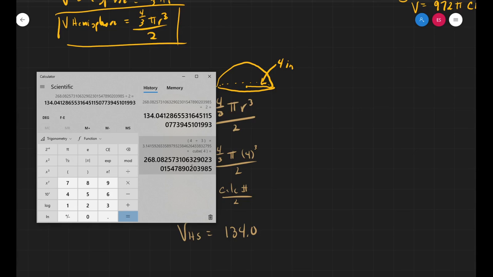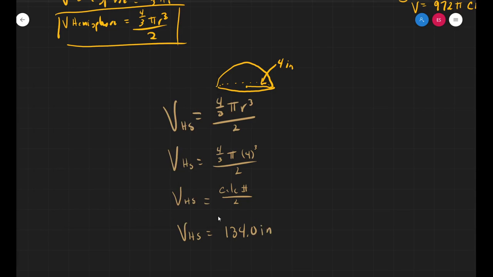I'm just going to leave this in the calculator, because I know I'm going to be dividing that by 2. Dividing this number by 2 gave me 134.04. I'm going to round to the nearest tenth, so 134.0 inches cubed.